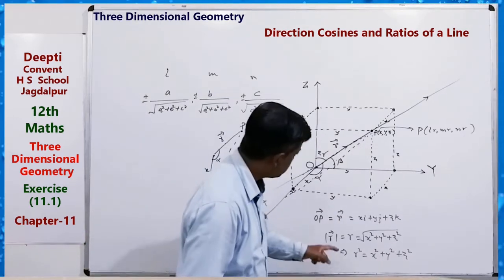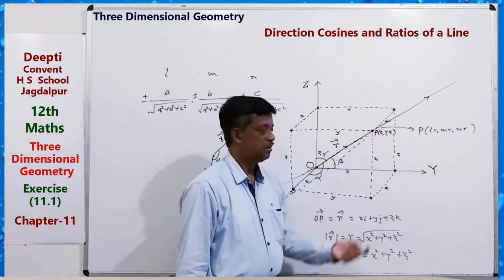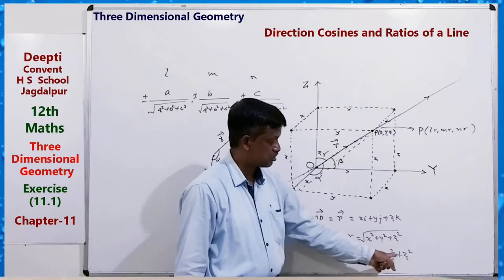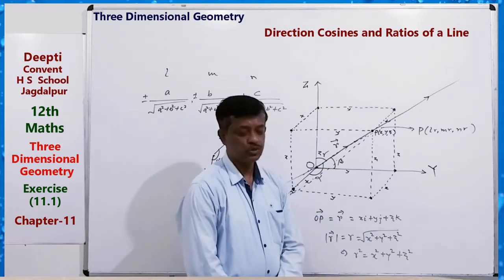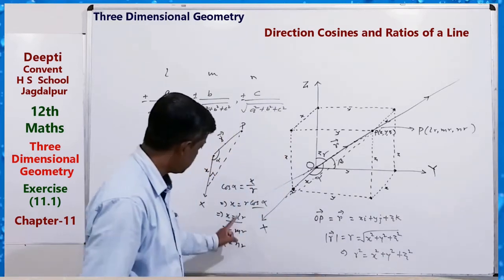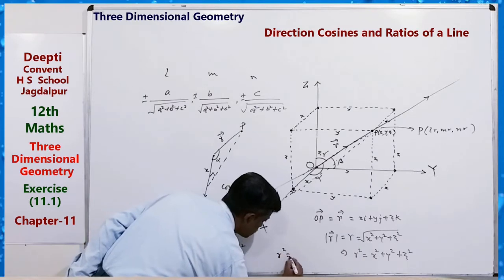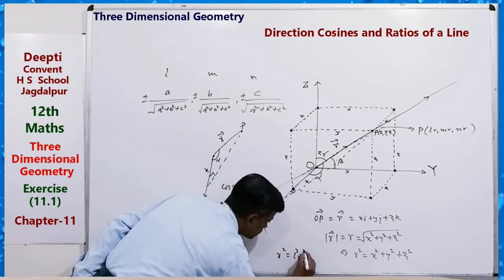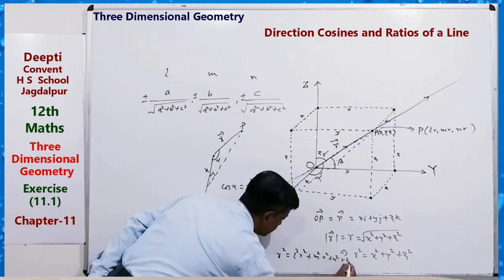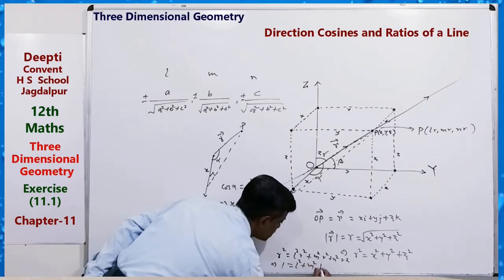Now, we also know that if a point has coordinates x, y, z and modulus R, then R square equals x square plus y square plus z square. So here x, y, z can be put as LR, MR, NR. From here we get R square equals L square R square plus M square R square plus N square R square. So R square cancels out. So 1 equals L square plus M square plus N square.